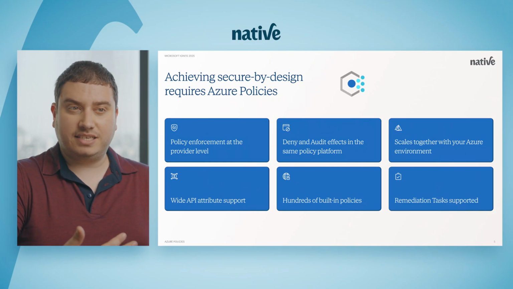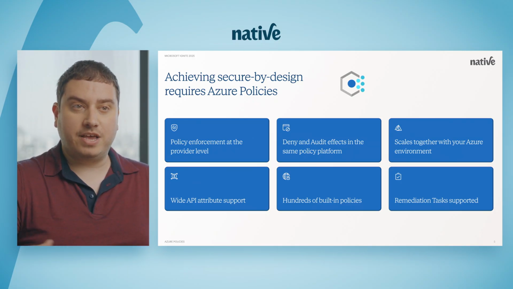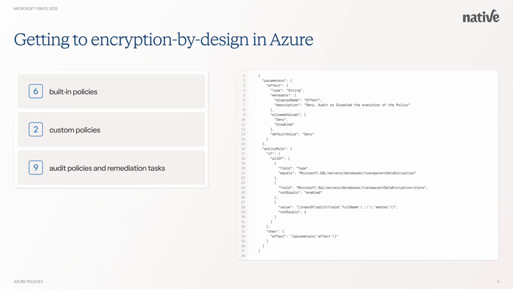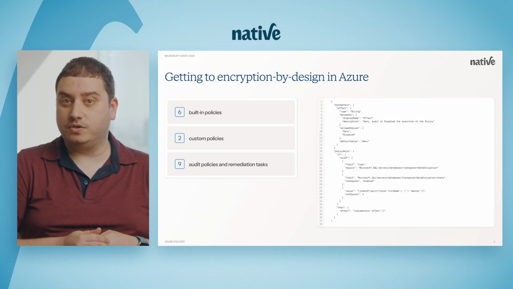And to bridge the gap between the audit policies and the deny policies that I mentioned, there are also remediation tasks that really automate the remediation of non-compliant resources flagged by the audit policies. To use Azure policies to get to everything being encrypted, you need to use a combination of both built-in and custom deny policies, as well as a few audit policies and remediation tasks to help you clear up all existing resources.